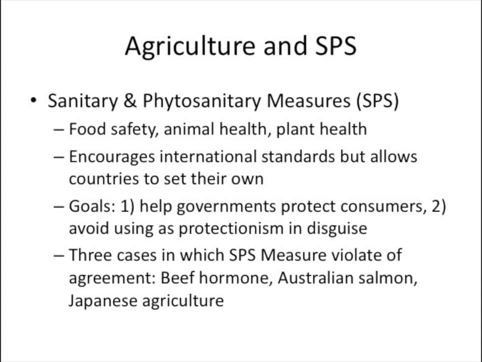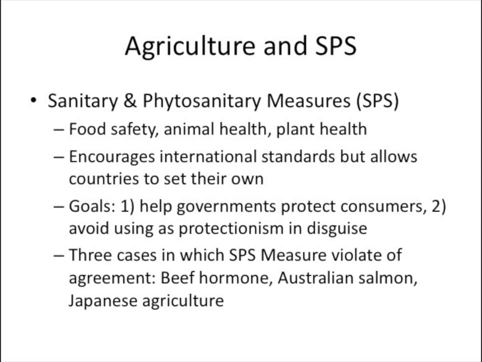Again, the goal of these sanitary and phytosanitary measures is to help governments protect consumers, but if we could encourage international standards, we could avoid using those as protections in disguise. Under GATT, there were three cases in which SPS measures were seen to violate GATT.